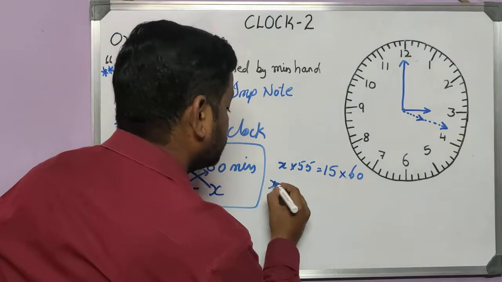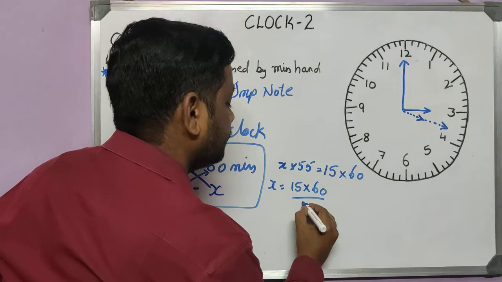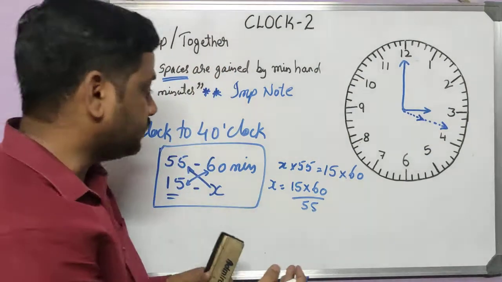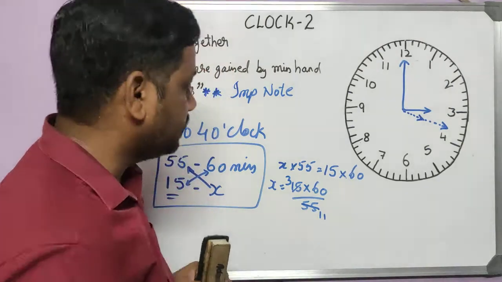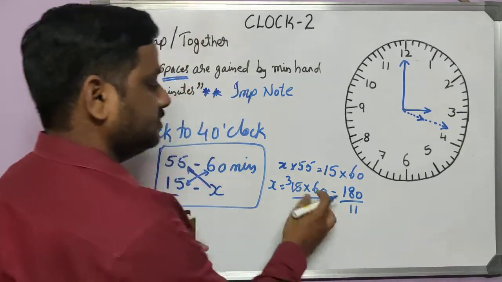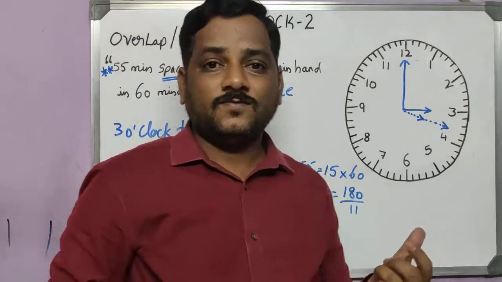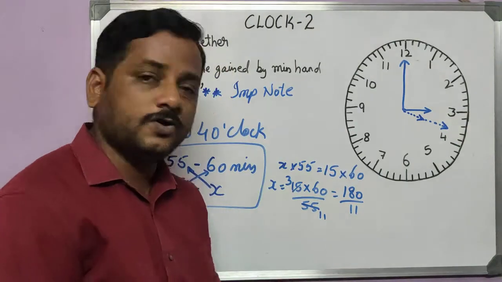Therefore I can say x is equal to 15 into 60 by 55. So what we can do here, 5 3s are 15, 5 11s are 55. So we got x equal to 180 by 11. That is the number we got here.